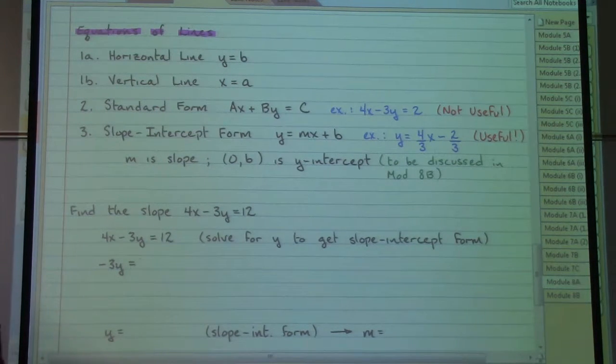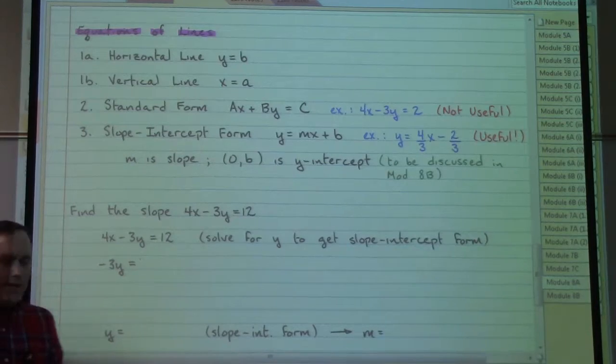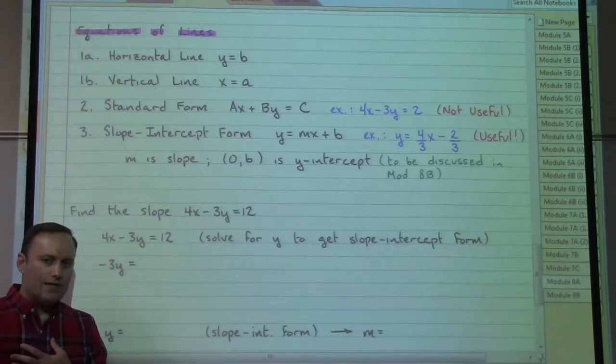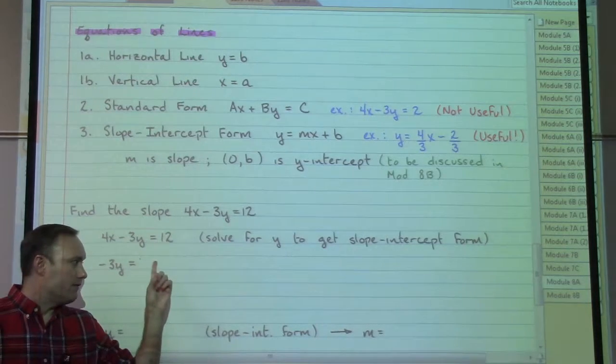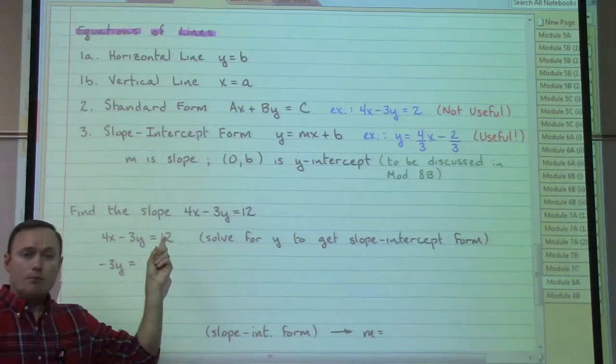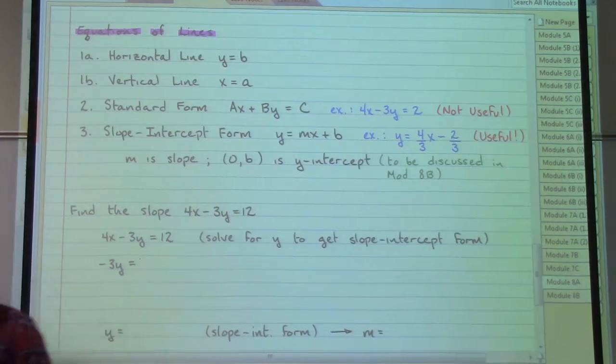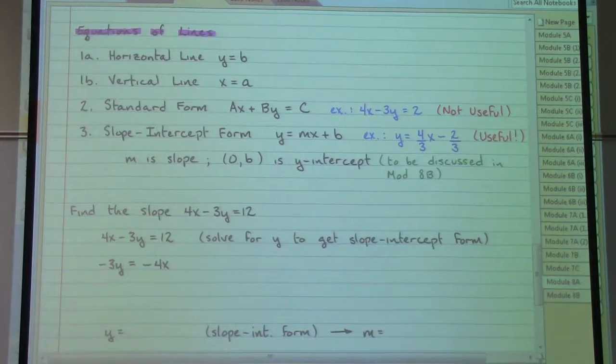Because I know where I want my answer to go, what I want this equation to look like, what that means for us is that we're going to take that negative 4x and we're going to put it at the front before we write down the 12. So negative 4x would come first, and then the 12 is a positive 12.